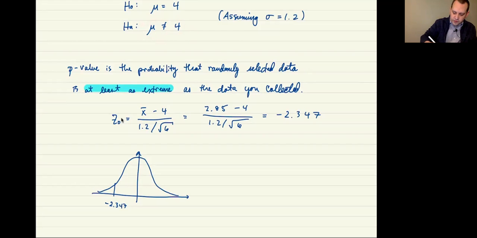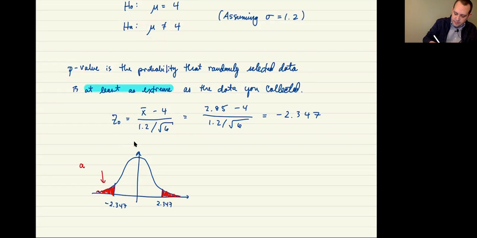You can be over here, or there's also the positive side. So all data that you would collect that would have a standardized value in that region would also contribute to the p-value. So the p-value is going to be the sum of these areas.